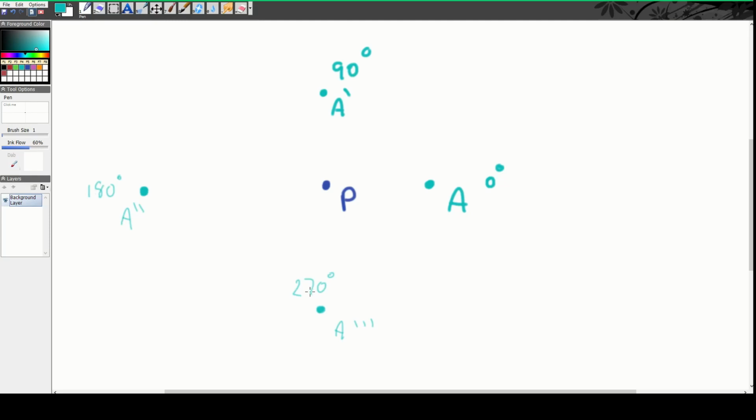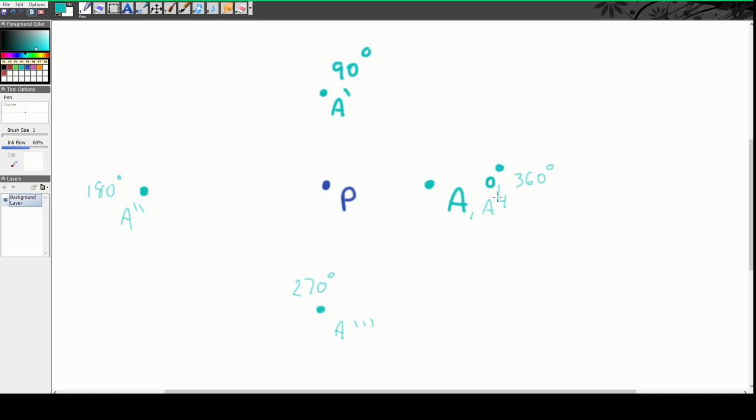If I were to add another 90 degrees in a positive rotation, I go from 270 to 360, but look where I land. Right back where I was. So this is going to be 360 degrees. Now I can add another 90. This would be 450, but that's my fourth movement. So I have A to the fourth, and that's 360.